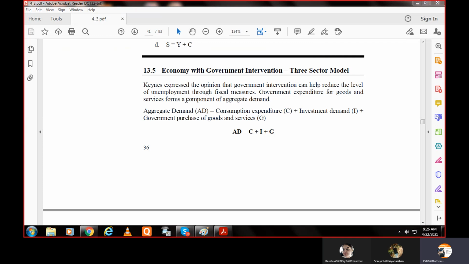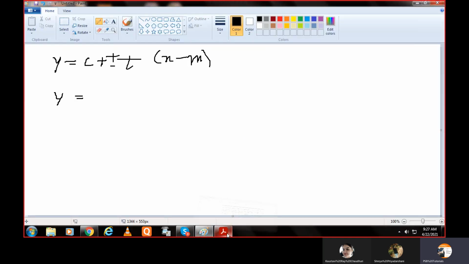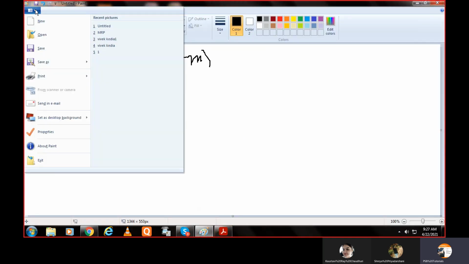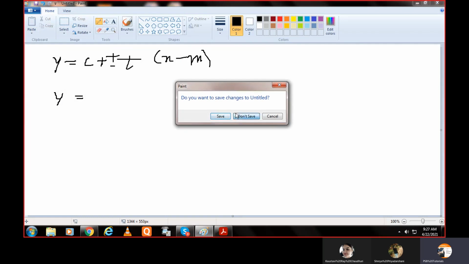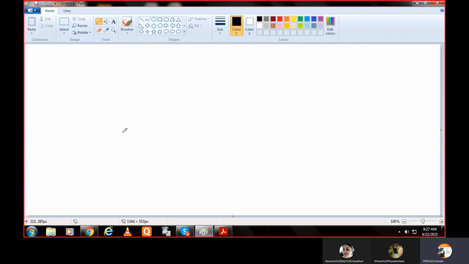So if in an economy the government increases its expenditure, normally the government needs to spend, either through fiscal policy measures or through monetary measures. The government actually needs to intervene in the economy. We have discussed the circular flow model in the last classes.